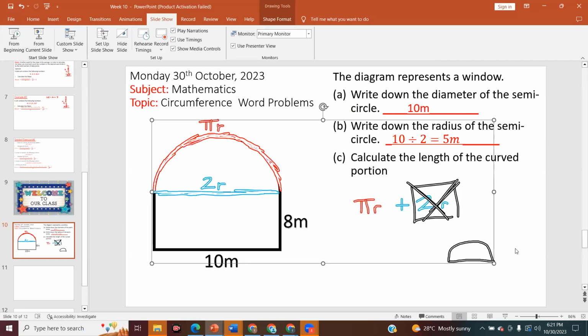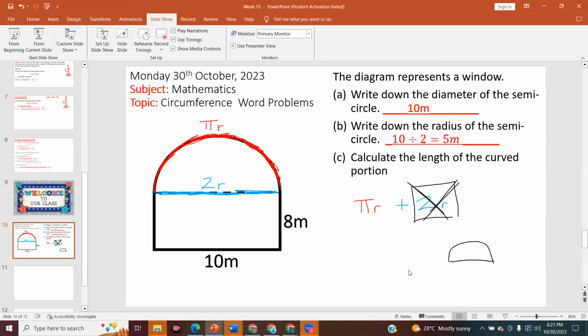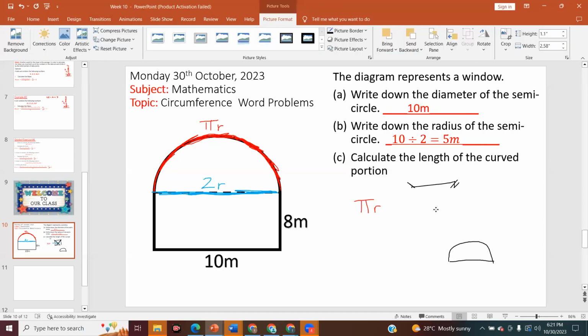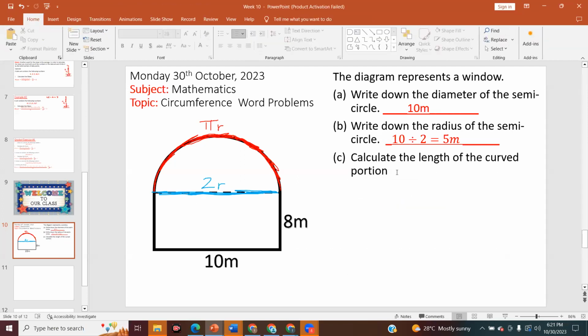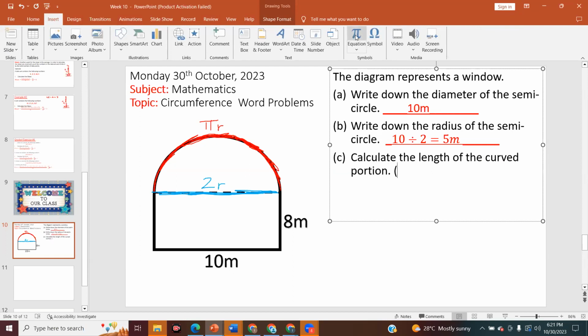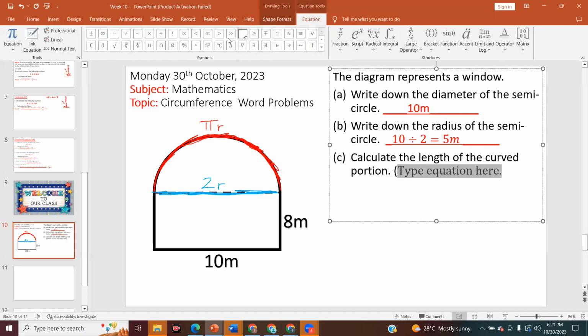So if we want the length of the curved portion, there's something else I have to add. Pi is going to be 3.14. So let's put that down in brackets.